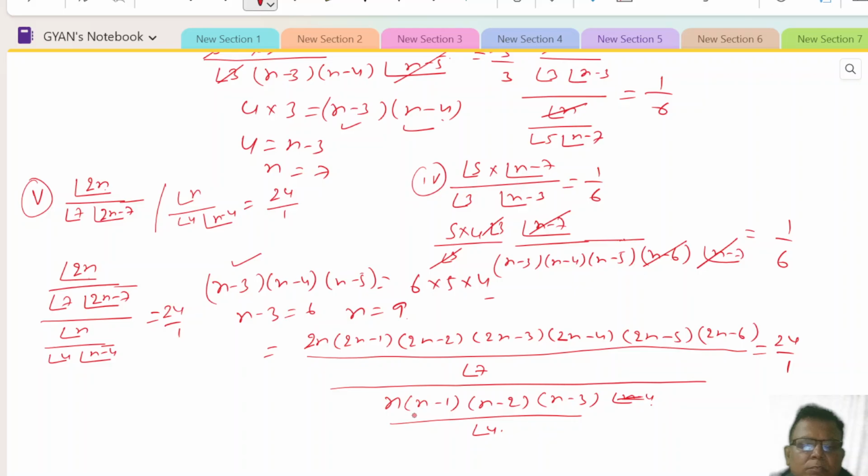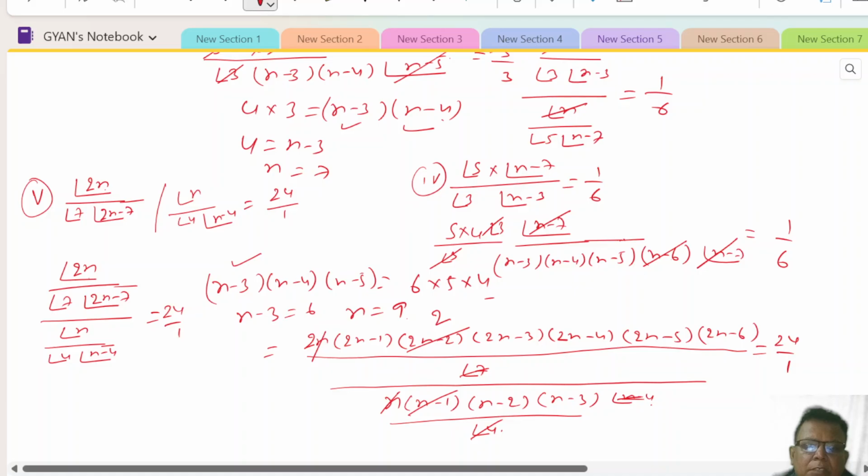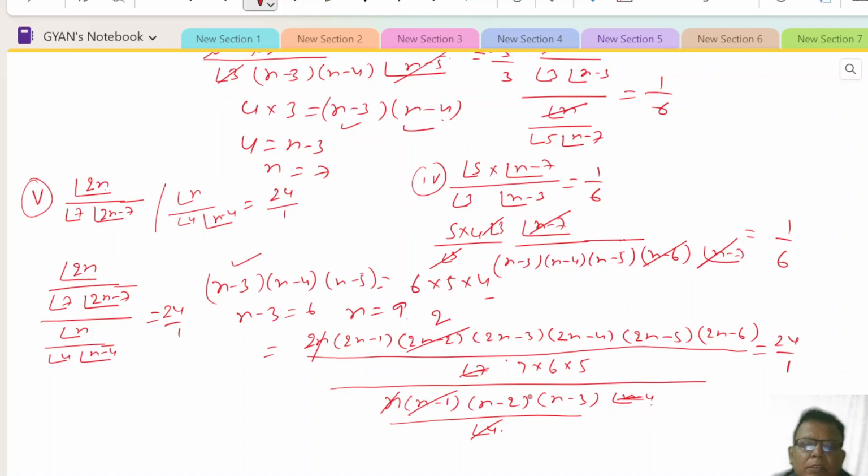So this gets cancelled and it will become 2. This gets cancelled and becomes 2. This gets cancelled and becomes 7 into 6 into 5. This gets cancelled and becomes 2, and this gets cancelled and becomes 2.